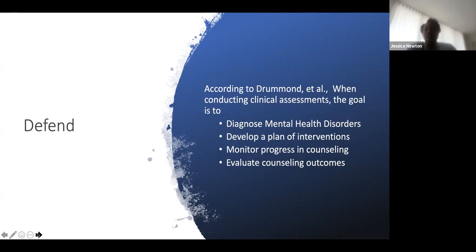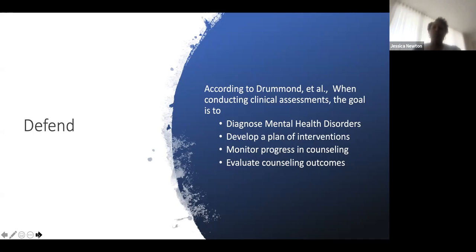So the next thing is we have to defend it. We gather this information, we put it together, and then we line up what we believe is a potential diagnosis. Well, we need to defend that diagnosis.